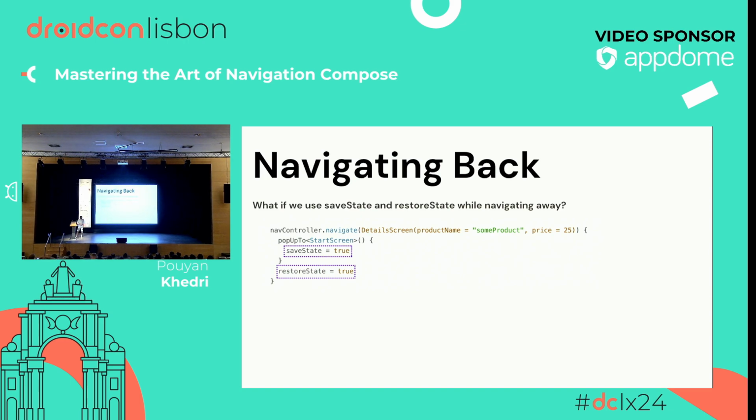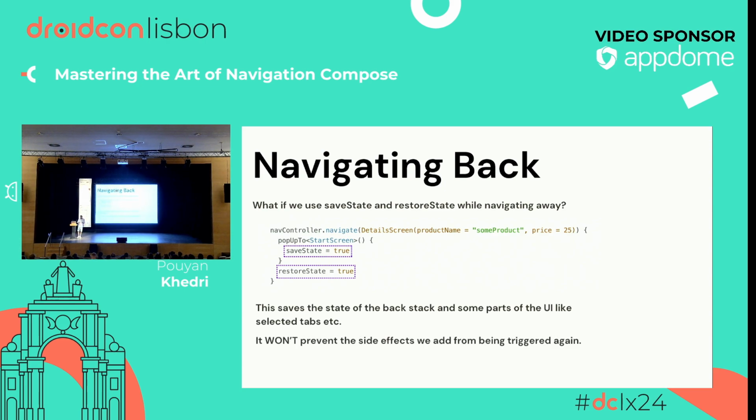According to the documentation, it is going to save the state of the screen in the backstack, and then it is going to retrieve the state for us. Like it is going to save the last tab that you selected or the scroll position that you were in, but it only works if you don't tweak it using a launched effect. A launched effect is basically going to override these changes. So in this case, it is not going to work.